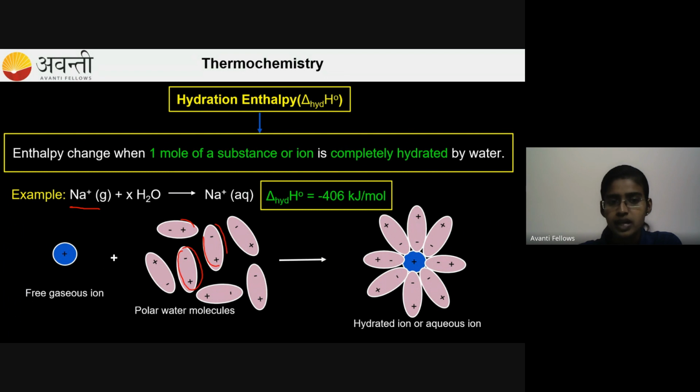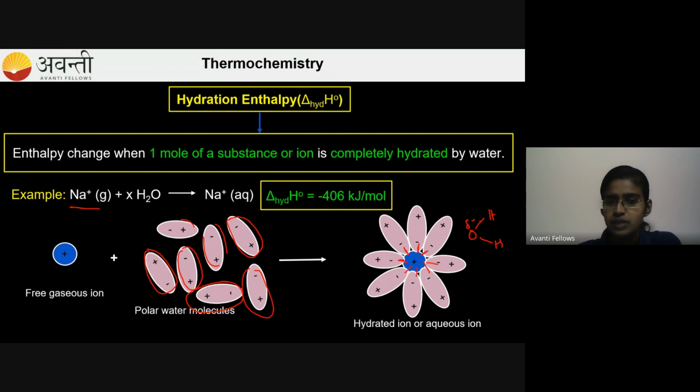Water is polar, right? It is a polar solvent. So it is taking enough water molecules, and the negative end of the water molecule, that is the oxygen end of each water molecule, surrounds the sodium plus cation. This is called the hydrated ion, and here bond formation is occurring between the cation and the water molecules.